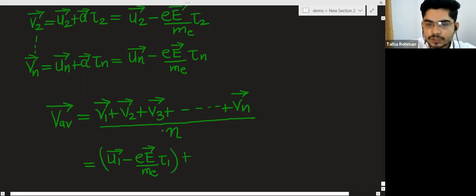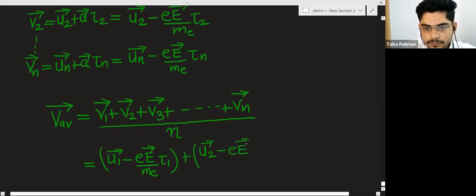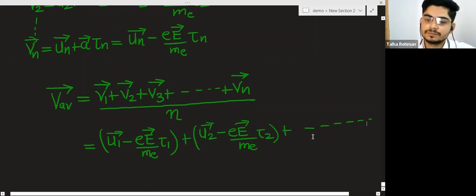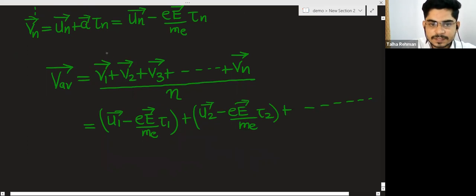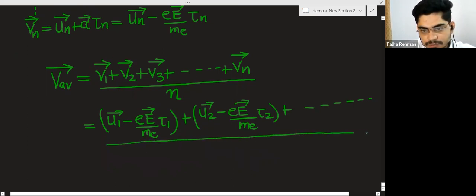Similarly, you put the value of V2, into tau 2. And you can do this for n number of electrons, and I am dividing it with n.